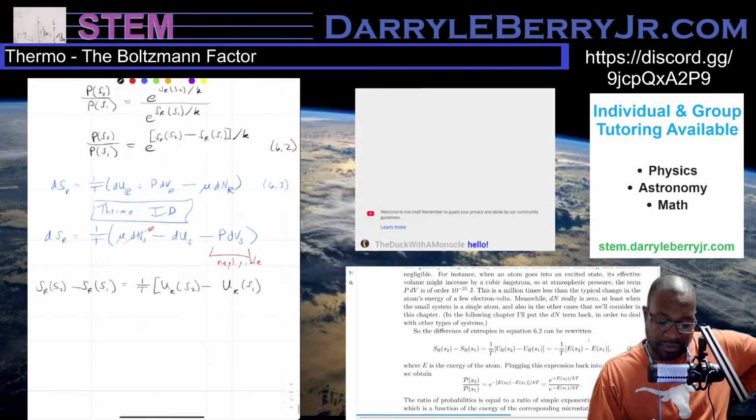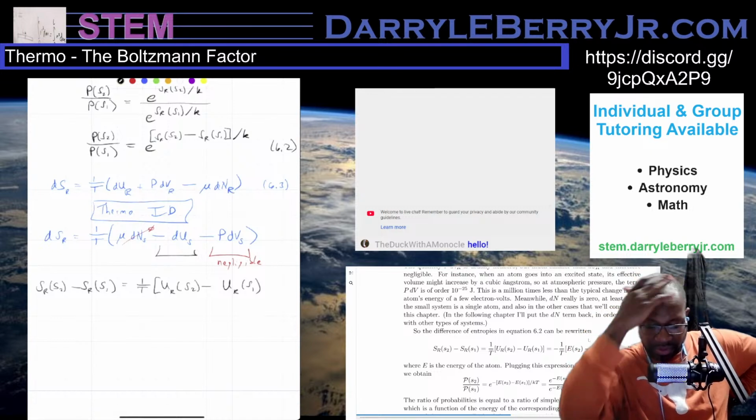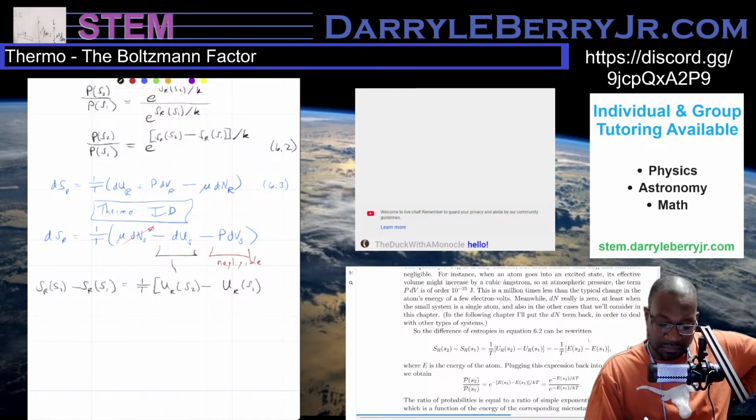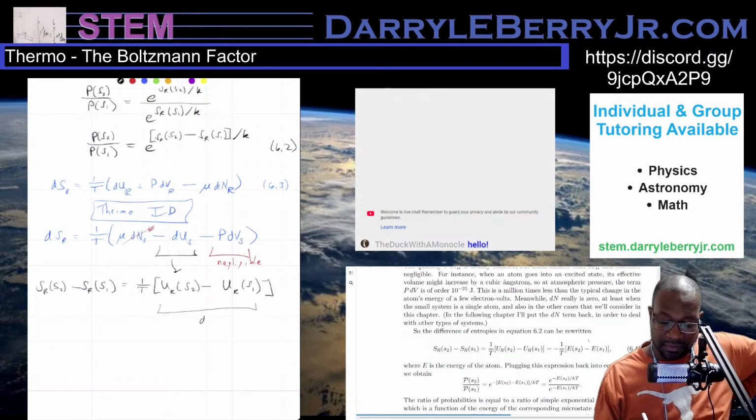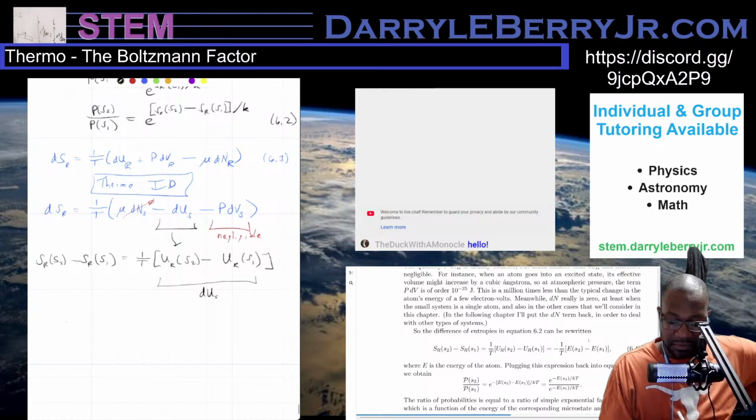So you're saying only this is relevant, and that's going to be the change in the energy of the atom. So this is dU_S, the change in the energy of the atom. Okay, that makes sense.